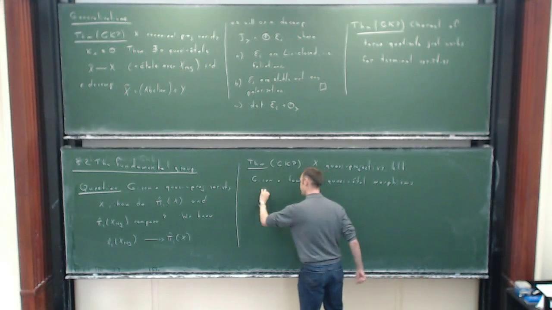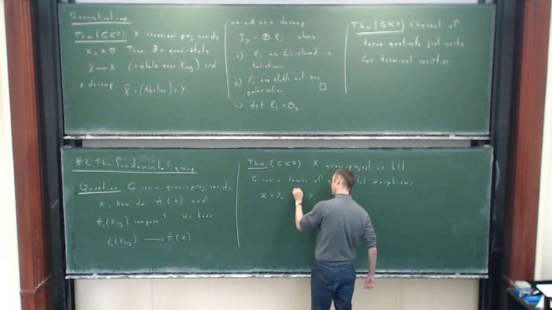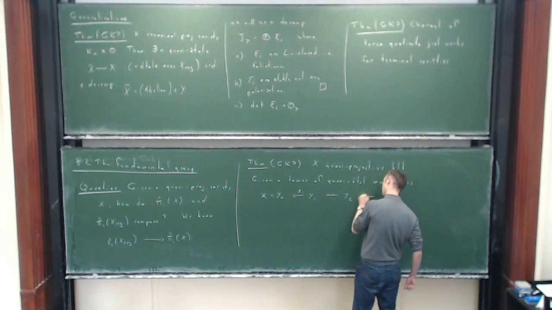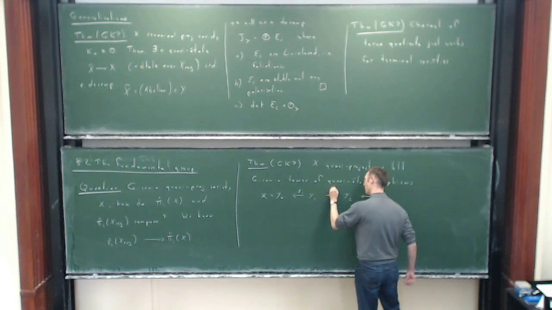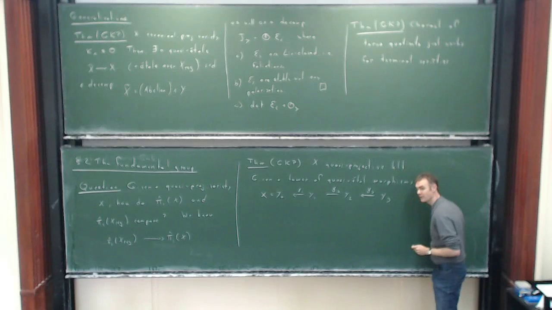So we have X is Y0, Y0 is covered by Y1, covered by Y2, covered by Y3, and so on and so on. I'm looking at such a tower.